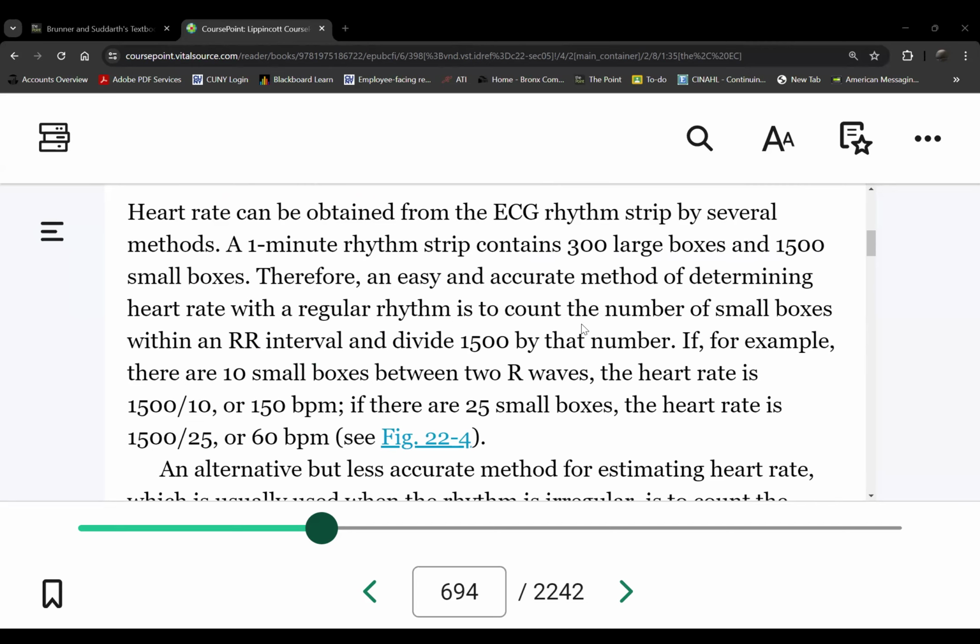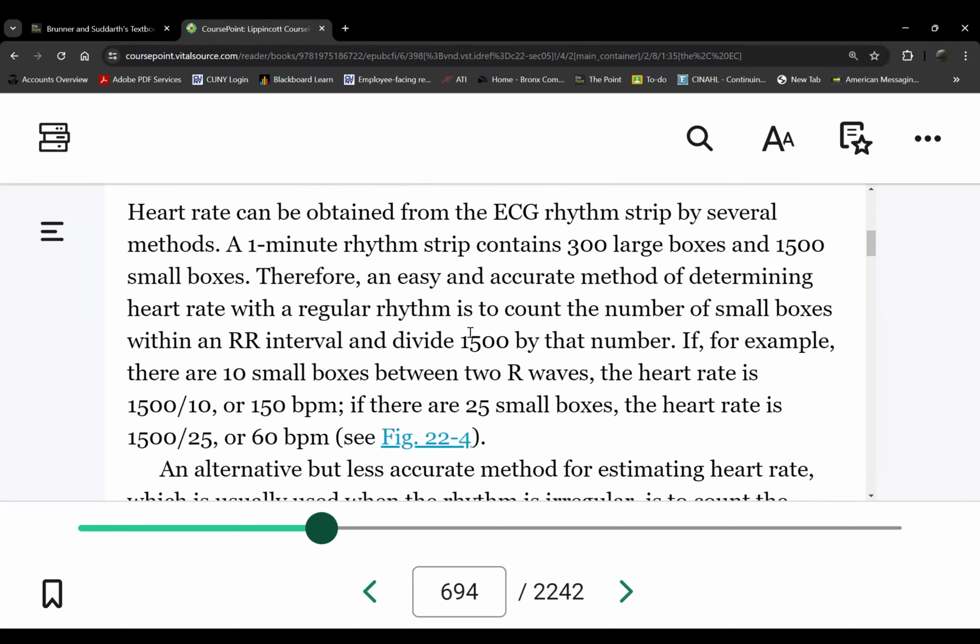There are a few methods suggested by the textbook. We're on page 694. One method is to count the big boxes. The second method is to count the small boxes.